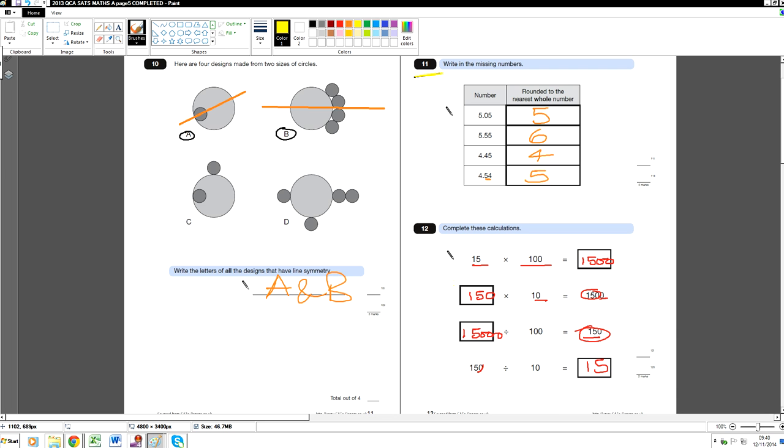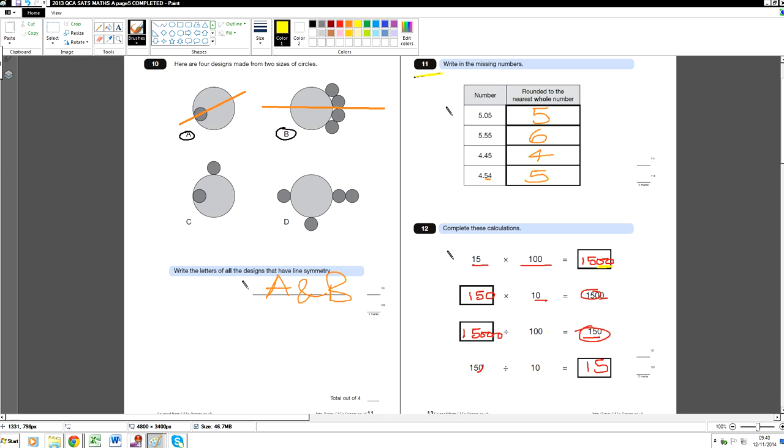Now, question number 12. We have 15 times by 100, so we've got to work that out. So we add 2 zeros, as we did here. Now something times by 10 is 1,500. So the opposite of times by 10 is divided by 10. If you remove 1 zero, that will give you 150, which you put over here.